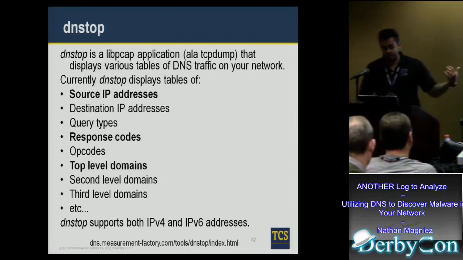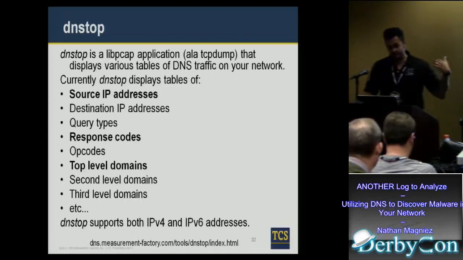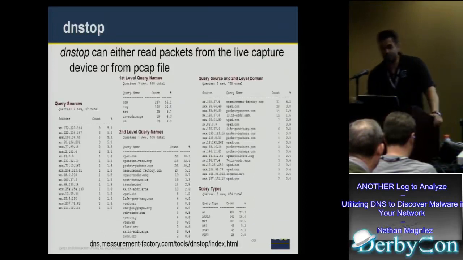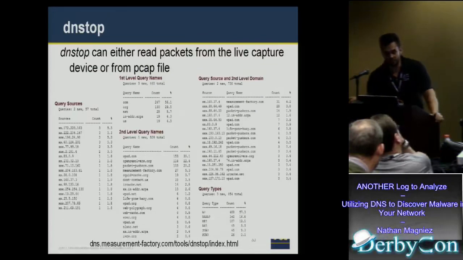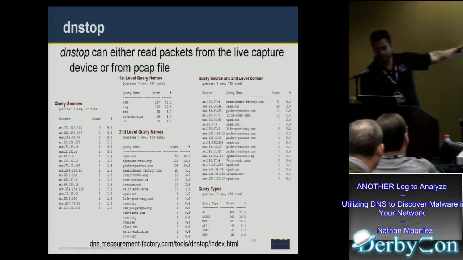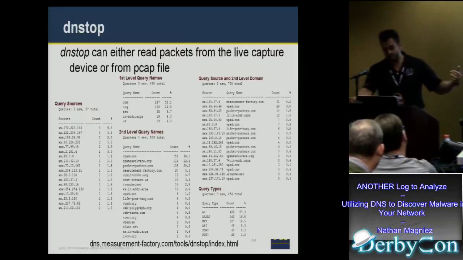Specifically out of that list, source IP address, response codes, and the top level domains are what we highlighted earlier. Here's a sample output of what you could see utilizing DNS top: your query sources, where they came from, the count, the first level query names in the middle there, and second level query names as well.